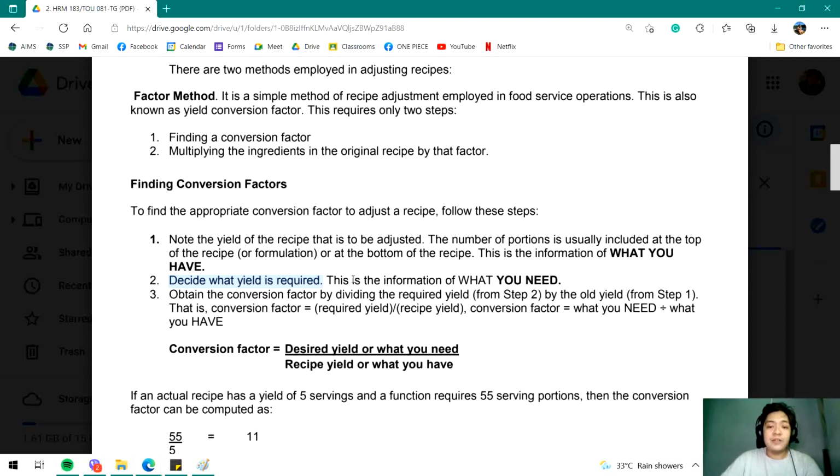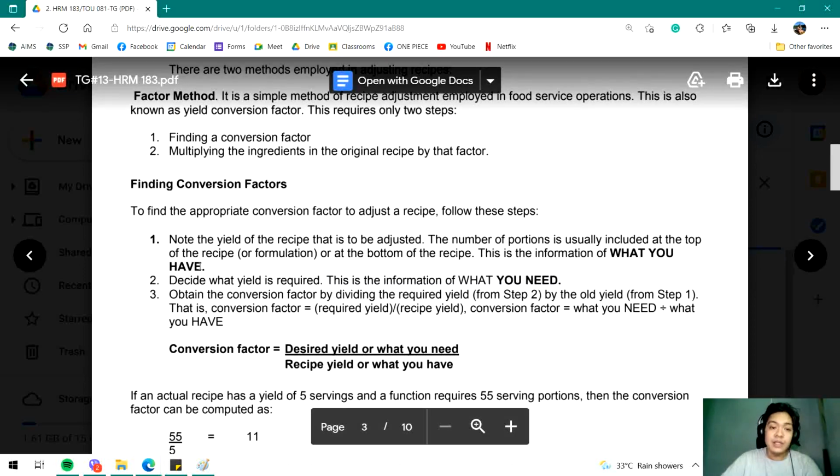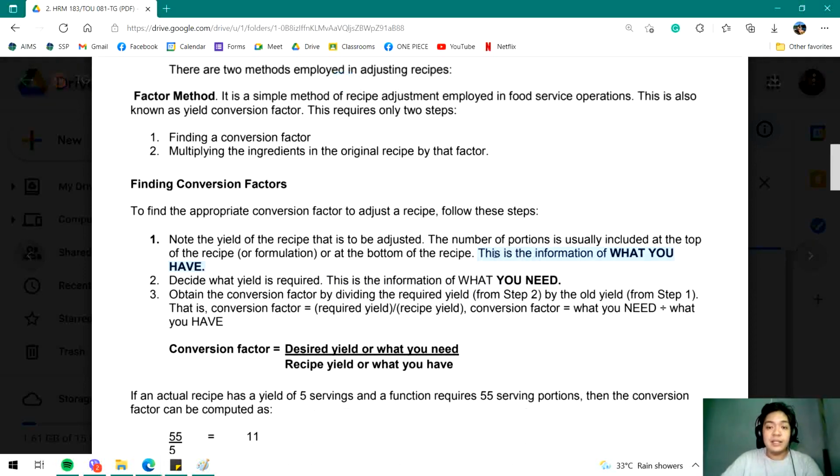This information is what you need. So again, this is easily divided into the information that you have already, which is yung yielded number ng recipe natin, and the information that we need, which is yung required na yield natin for that specific recipe or food.